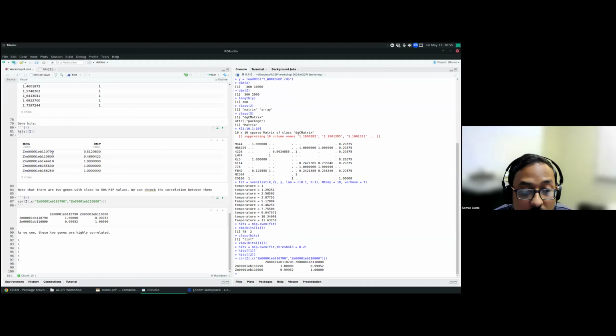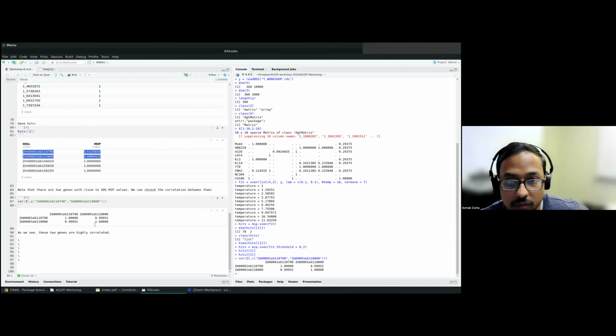Now, if you also look at the gene numbers, you see the last 3 digits differ, the first others are all the same. So these 2 genes are very close to each other. This one has 790 and this is 800, just 10 units apart. So they're very close to each other on the chromosome, which is probably why they have a very high correlation. So biologically, both should be important.